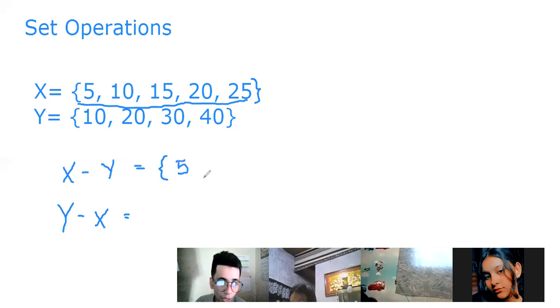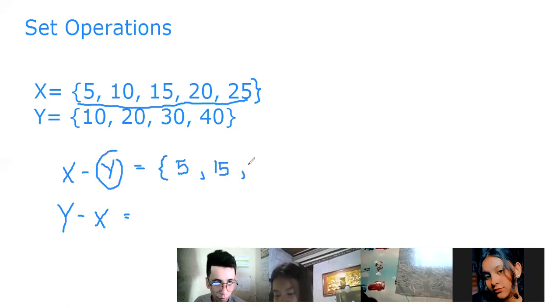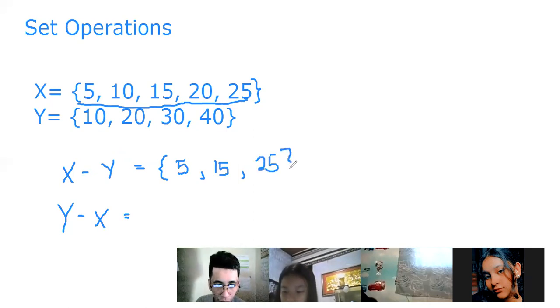We're not going to write 10 kasi si 10 nasa set y din siya. So skip na tayo kay 10. We have 15. Then we're not going to write 20 because 20 is in set y and that is our difference. Then we're going to write 25 and that's all. So your answer in x minus y must be 5, 15, and 25.